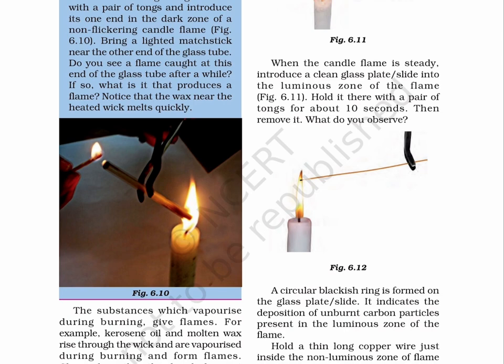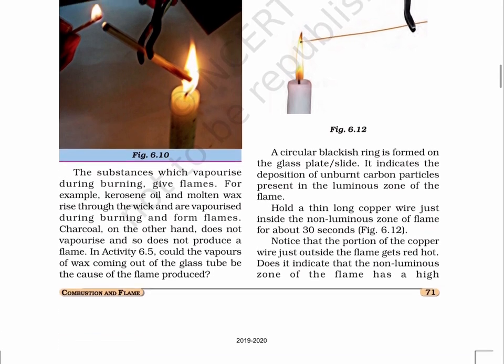Notice that the wax near the heated wick melts quickly. Figure 6.10. The substances which vaporize during burning give flames. For example, kerosene oil and molten wax rise through the wick and are vaporized during burning and form flames. Charcoal, on the other hand, does not vaporize and so does not produce a flame.